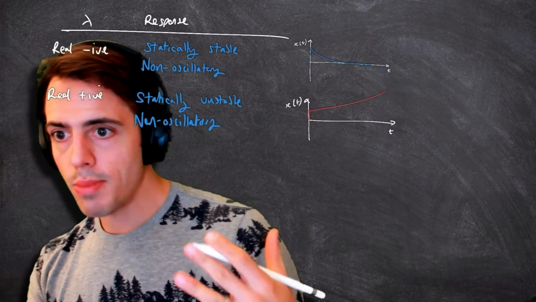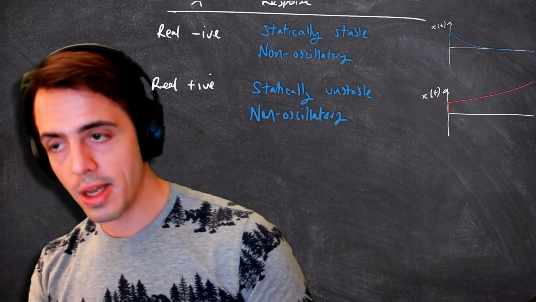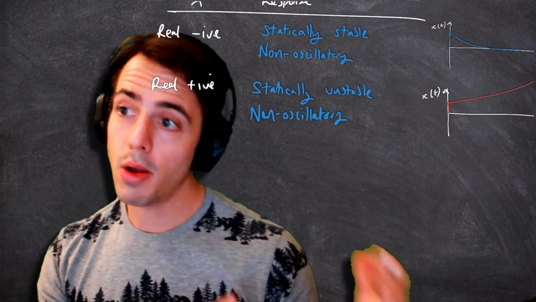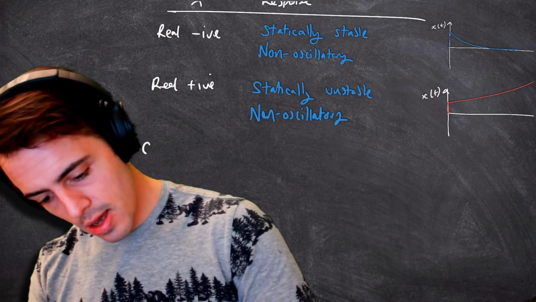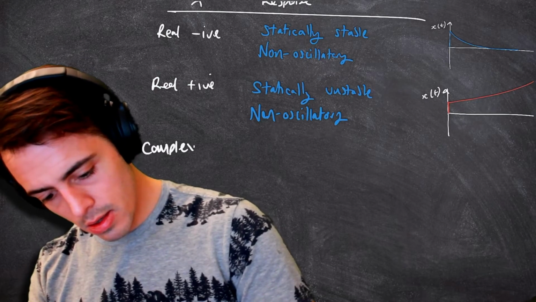We can then have two types of complex root. We can have a complex root with a positive real part, or a complex root with a negative real part. So we'll say complex.